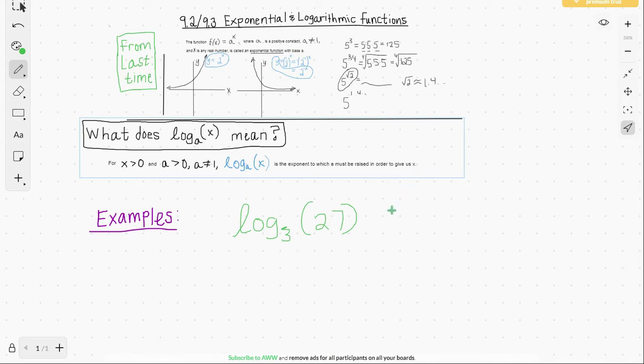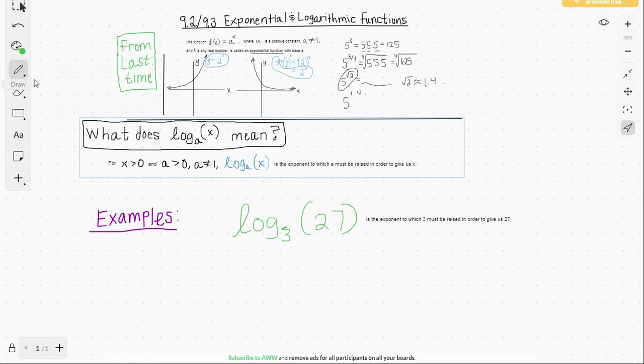Okay, a little bit of a mouthful, but let's now transpose each of our symbols. Let's transpose the 3 and the 27 into that definition and see what comes of it. Log base 3 of 27 is the exponent to which 3 must be raised in order to give us 27.